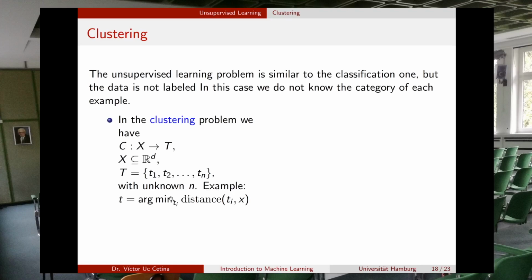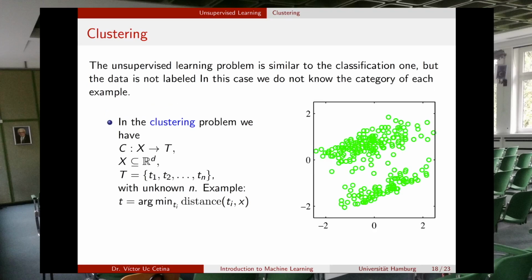One example could be to use the argument that minimizes the distance between a given point and some center point or centroid. You would be given a set of points, but if you notice here, all the points have the same color because they are not labeled. We are just given the positions of the points.